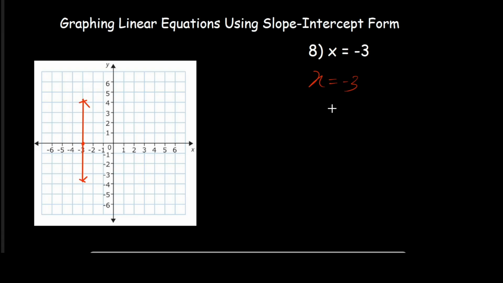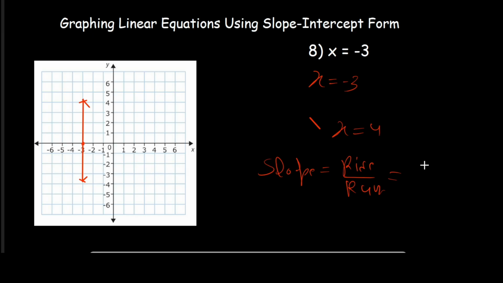I'm going to add an important point here. Whenever we have x equals any number as an equation, we remember that it is the equation of a vertical line. It doesn't have any slope. Slope means rise over run, and we don't have run because it is a vertical line. We have only rise.